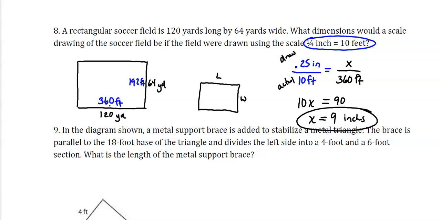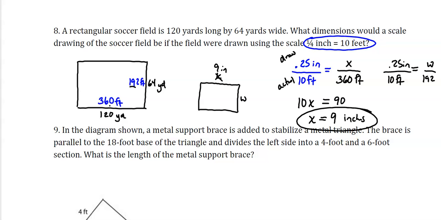So that's going to be my length. I guess I shouldn't have used x. It's actually the length, but my drawing is going to be 9 inches here. To do my width, I'm going to go the same way. 0.25 inches is 10 feet. And so what would my width be if we're at 192 actual feet?